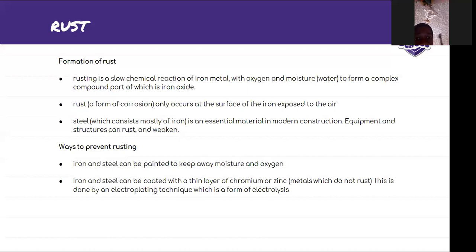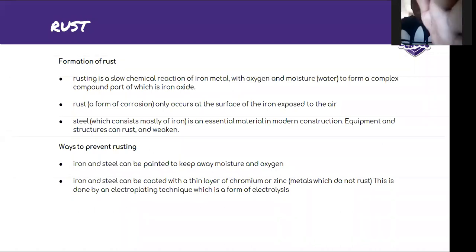We can also go to group 3, but for now let's stay with group 1, group 2 and other metals. Iron is not in group 2, but it's a very important aspect. Okay, now let's go to formation of rust.